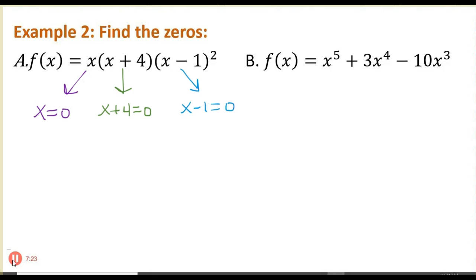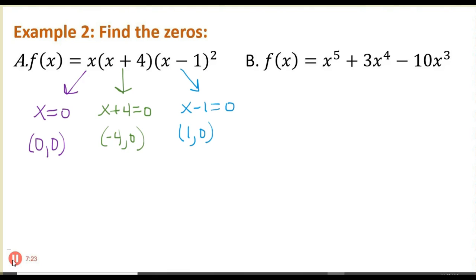When I solve all 3, my first x-intercept is at (0, 0), my second is at (-4, 0), and my third is at (1, 0). We'll talk about what the exponents inside or outside of the factor mean a little later in the video.